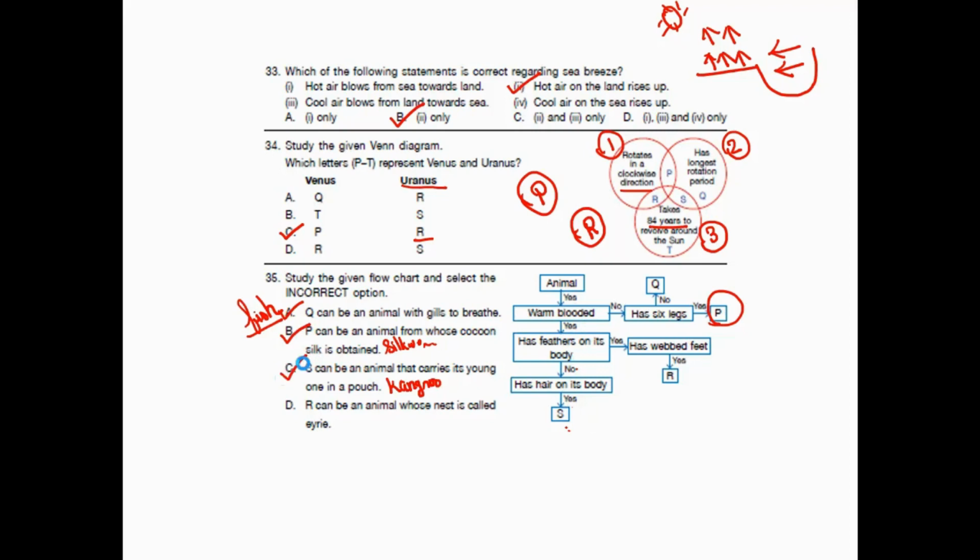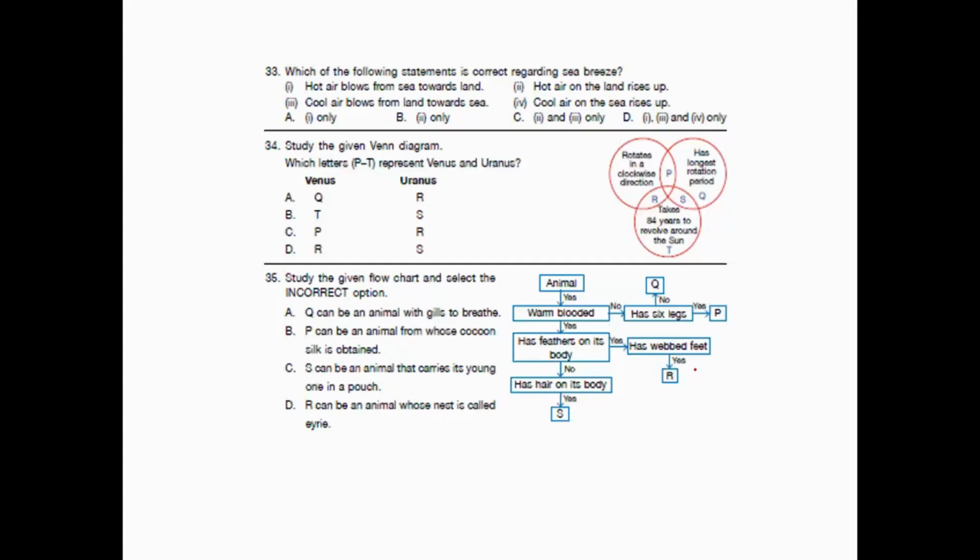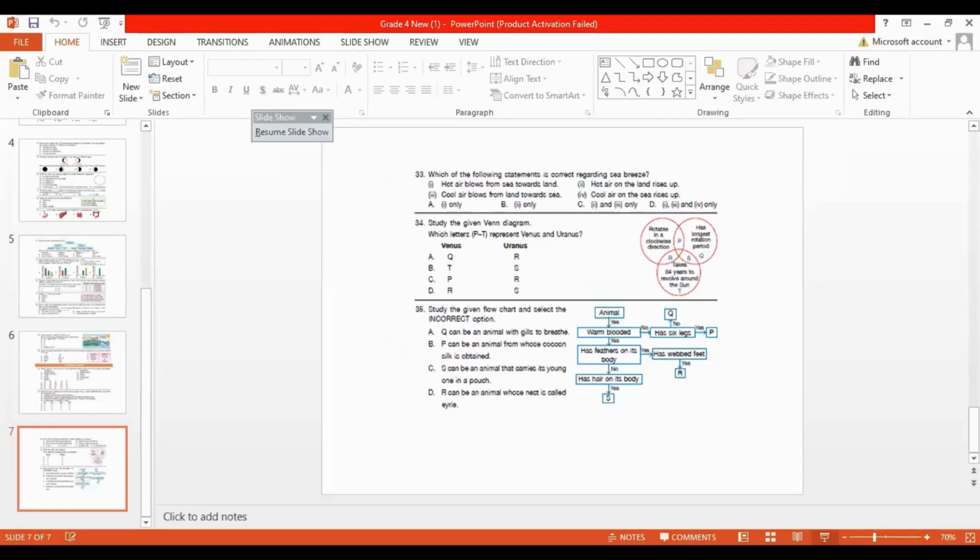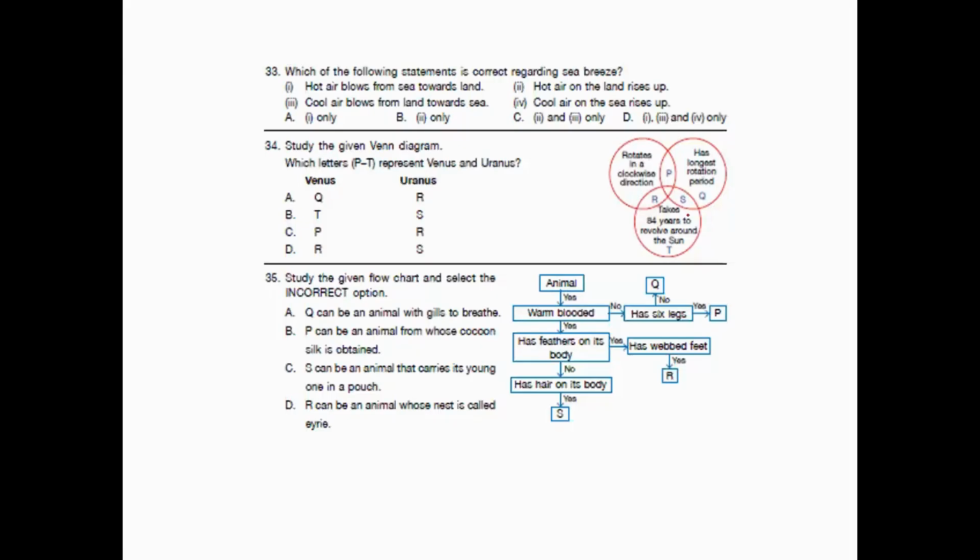In the 35th question, the last option says R can be an animal whose nest is called an eyrie. We know that the nest called an eyrie is the nest of an eagle, right? So here, if you see the flow chart, animal, yes, warm-blooded, has 6 legs, no, this is animals, warm-blooded, yes, feathers on its body, has webbed feet.